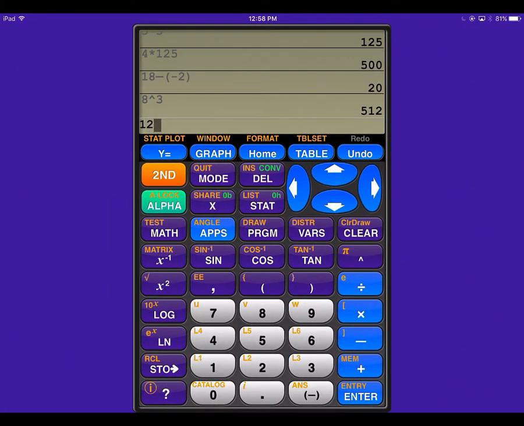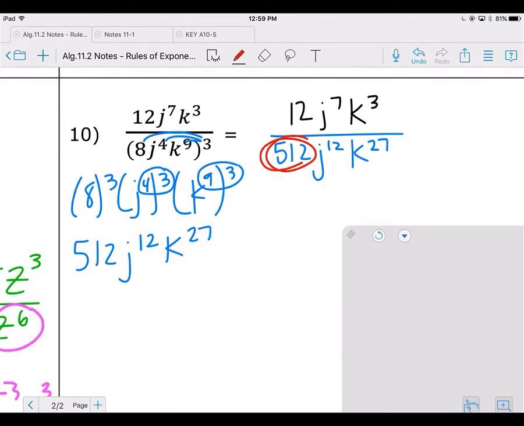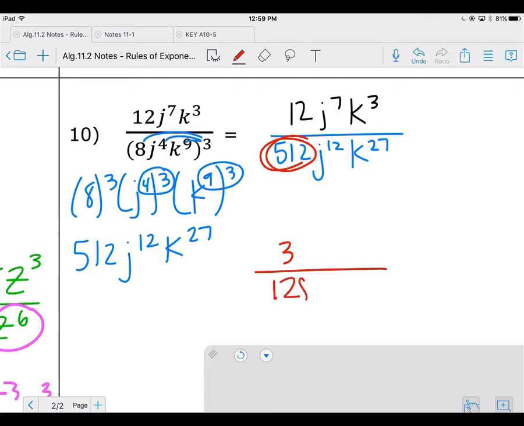So when you do 12 divided by 512, you get something ugly. Math, enter, enter. We get 3 over 128. 128 goes where the 512 is. So 3 over 128. And then if we have a top for our exponents, this will be the top. If we have a bottom, this will be the bottom. So we're starting that fraction already.